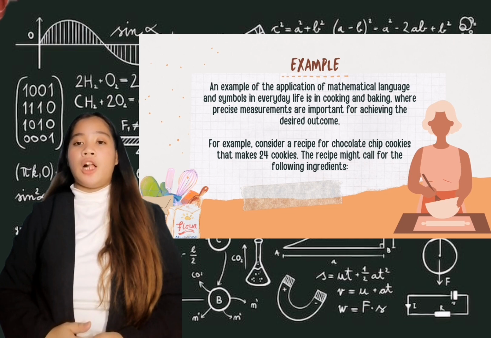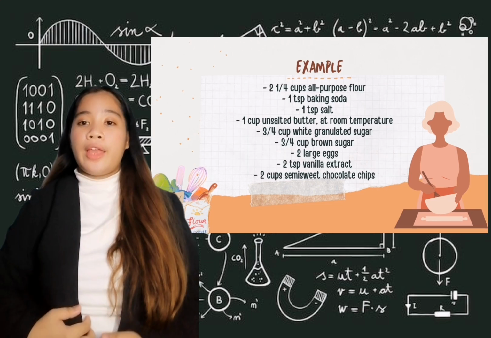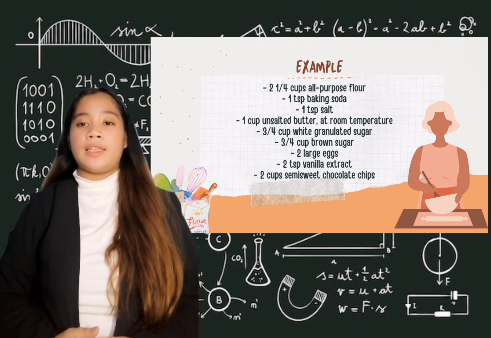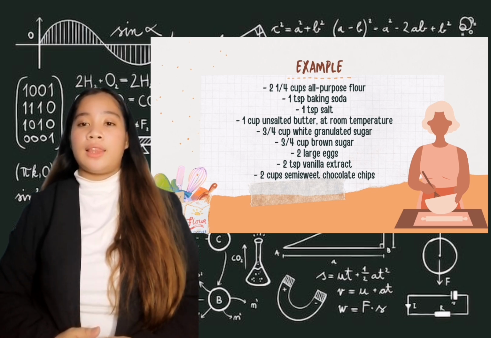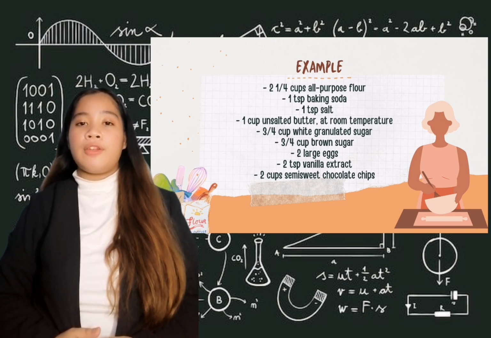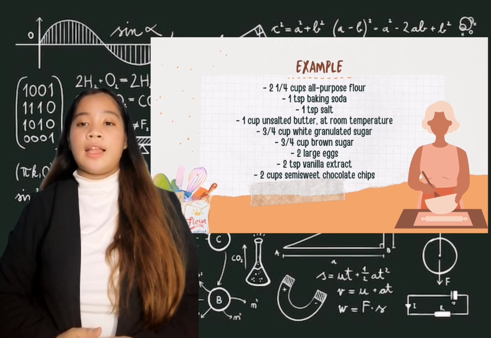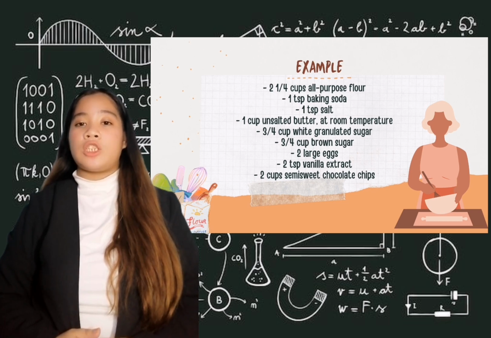The recipe might call for the following ingredients: 2 and 1/4 cups all-purpose flour, 1 teaspoon baking soda, 1 teaspoon salt, 1 cup unsalted butter at room temperature, 3/4 cup white granulated sugar, 3/4 cup brown sugar, 2 large eggs, 2 teaspoons vanilla extract, 2 cups semi-sweet chocolate chips.